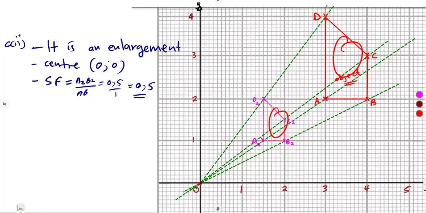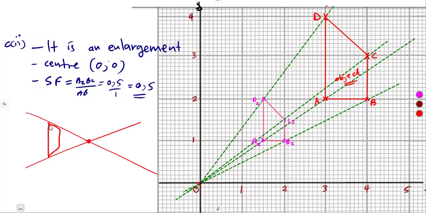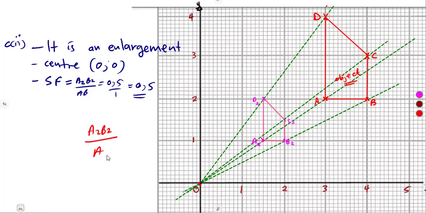So the scale factor becomes what? A positive value. If the center is somewhere here, the object is on one side and the image on the other side, there the scale factor becomes negative. Even by calculation, you can see that you'll be getting negative values. Here you can see that we were getting positive. As we talk about A2B2 over AB, A2B2 here we are going to the right, so it's positive 0.5.